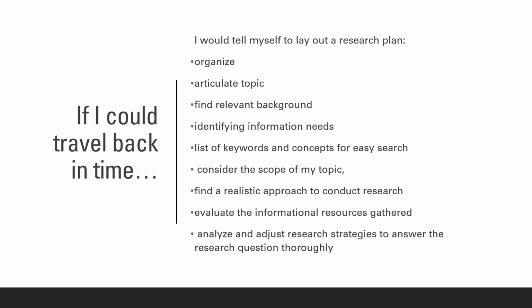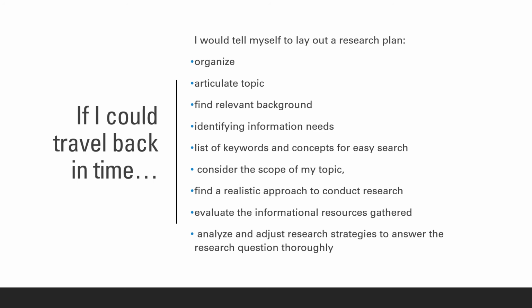So, if I could travel back in time, I would tell myself to lay out a research plan. So, first, I would say that I need to organize better, articulate a topic, and then find relevant background, identifying information needs, list of keywords and concepts for easy search, consider the scope of my topic, find a realistic approach to conduct research, evaluate the informational resources gathered, analyze and adjust research strategies to answer the research question thoroughly.